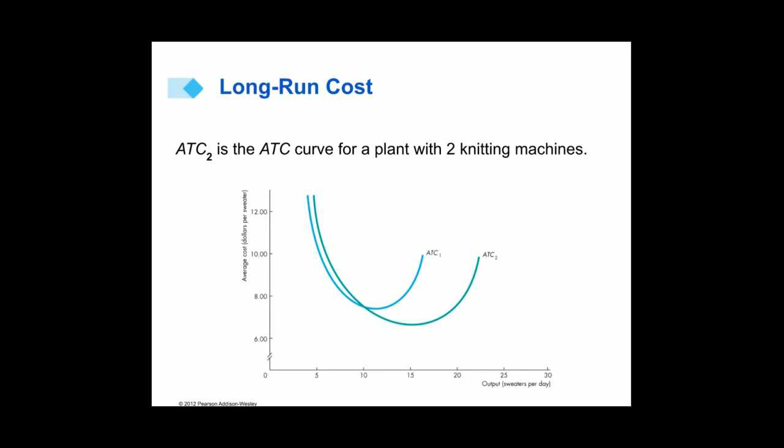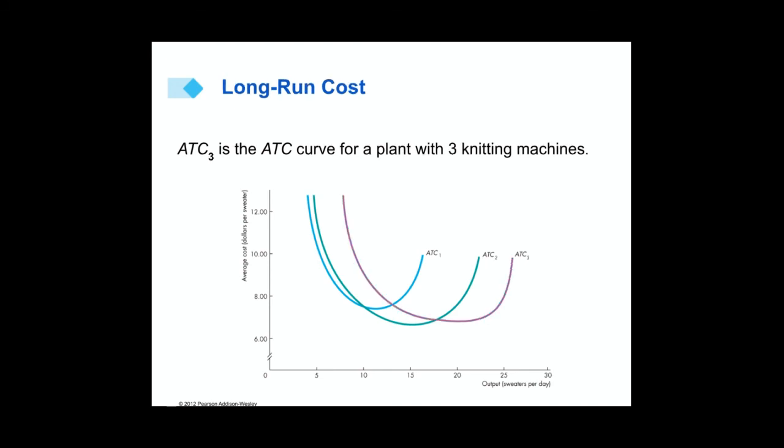And the same goes with the 3rd factory that has 3 machines and the 4th factory that has 4 machines. And so if we look at all of those curves there, depending upon how many sweaters we're trying to produce in an hour, a different plant might be more efficient than another plant. It may involve a lower average total cost for one plant versus another plant.